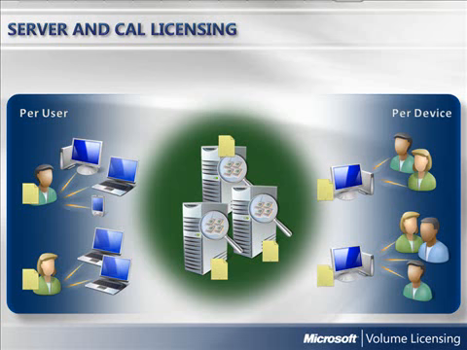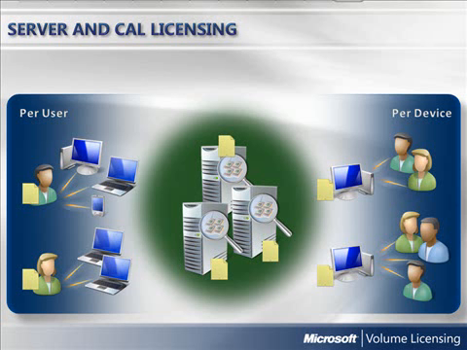There are a couple of important points to note with CALs. First of all, the CAL is simply a license. It is not a piece of technology. It is a license that legally allows users or devices to access the services of the server. Secondly, the version of CALs must match the version of the server software. If you are using the 2008 version of the server software, the CALs must be the 2008 version too.